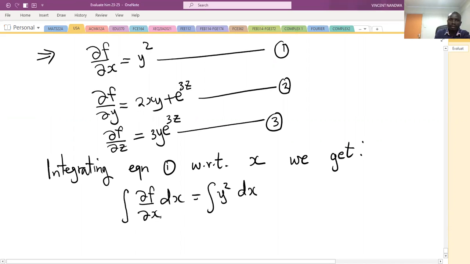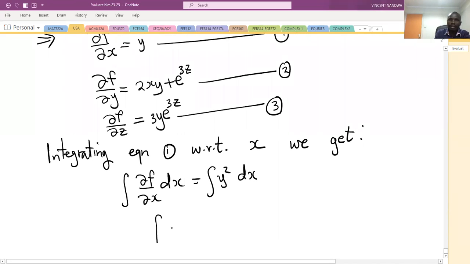Now this will give us f, and this will be x y squared, plus a constant of integration. Because we're dealing with a function of 3 variables and we are integrating with respect to x, this constant will be a function of y and z. Call this equation 4.